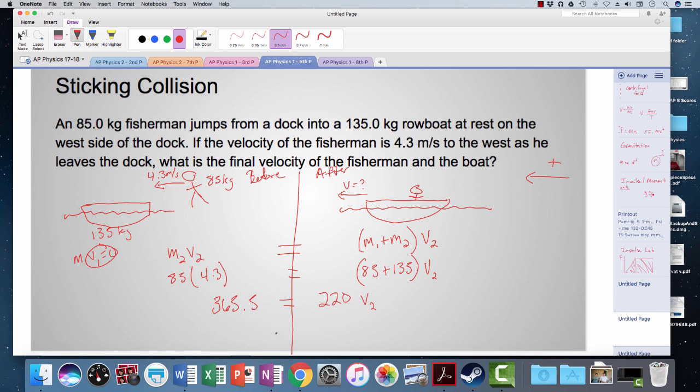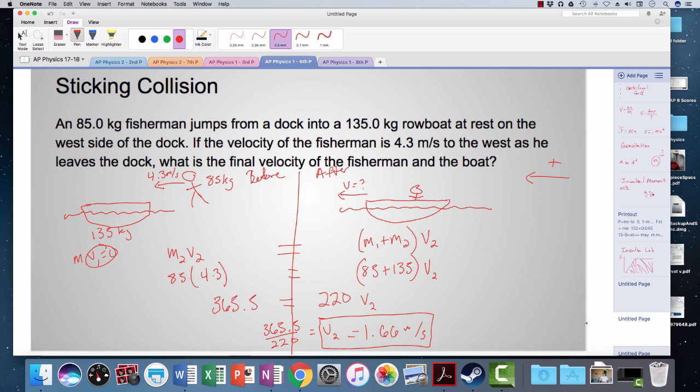So now, if I divide, 365.5 over 220 equals V2. So that's going to come out to 1.66. So that means they stick together and they move off at a speed of 1.66 meters per second. So that's why we called this one inelastic before, because if you look at the kinetic energy, there's not as much motion in this one.